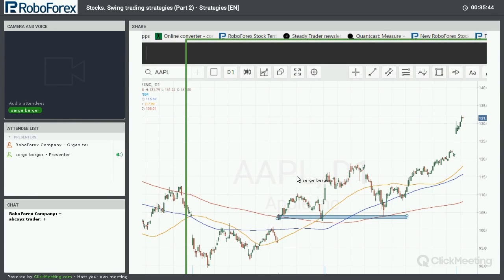But you can see that it wasn't just the 200-day moving average the stock came to. It's also this horizontal blue box that I drew in, that I painted on the chart, where the stock came into, right? So that's the second thing. So it's the 200-day moving average and the horizontal line.